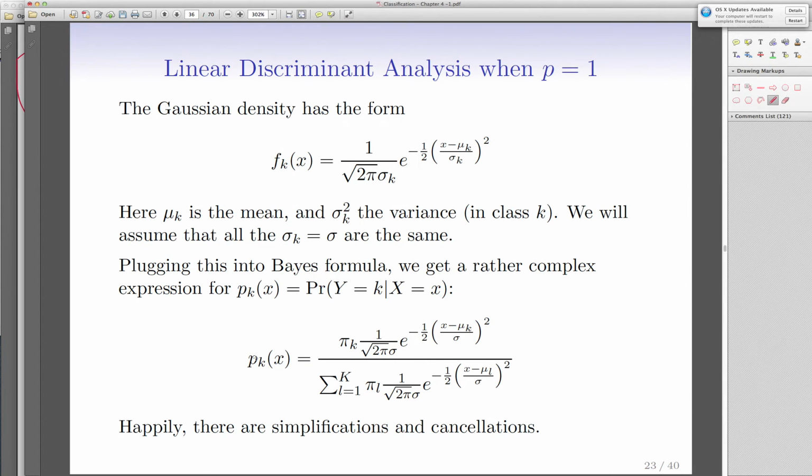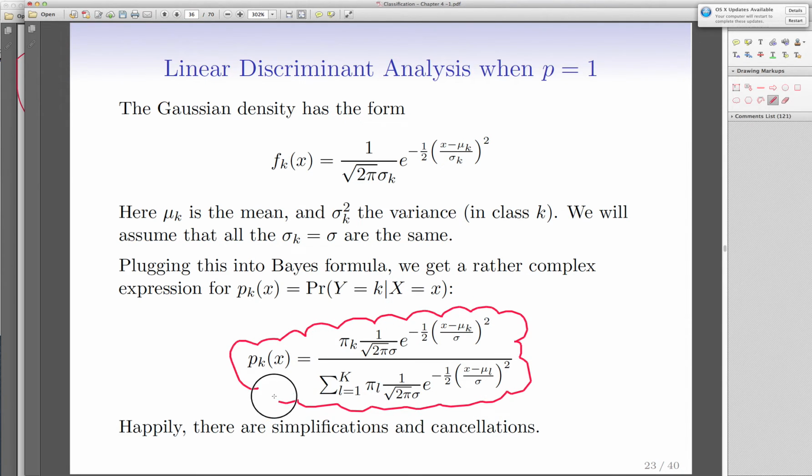So if you just write the Bayes function, we can show that the probability of being in a class given X would be the prior probability of that class times its density divided by the summation of all prior probabilities times the density functions of each class. But since these terms are equivalent, you can easily cancel them. So you will be left with some exponential functions.